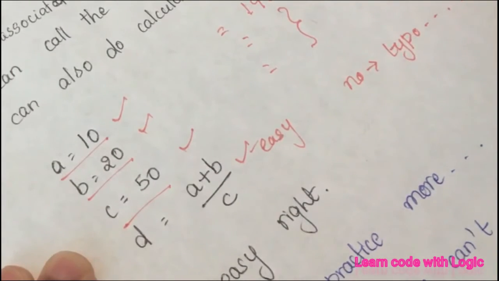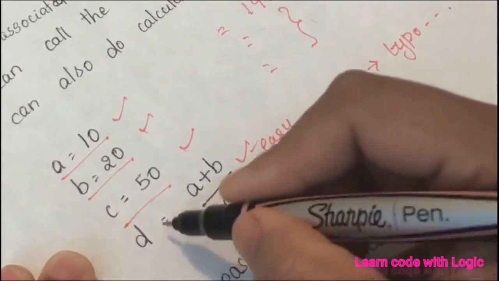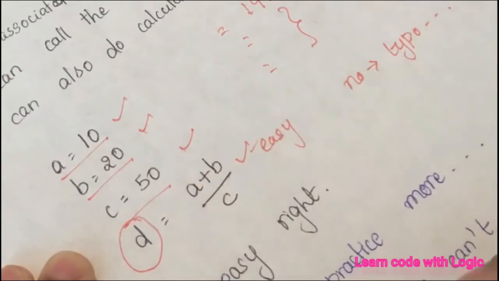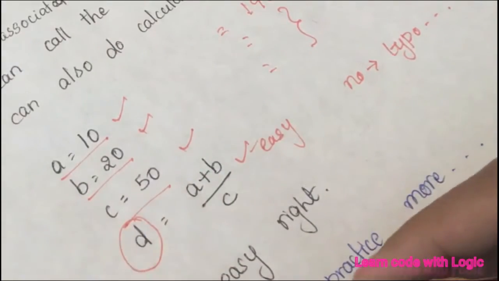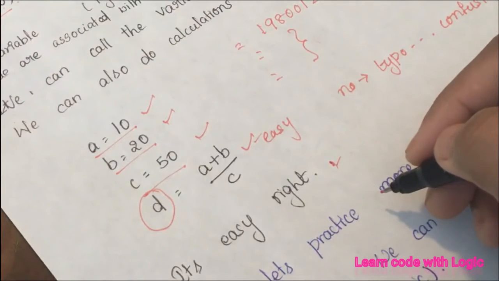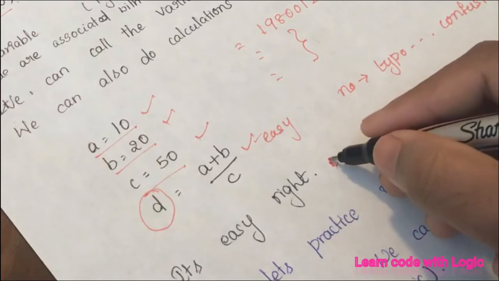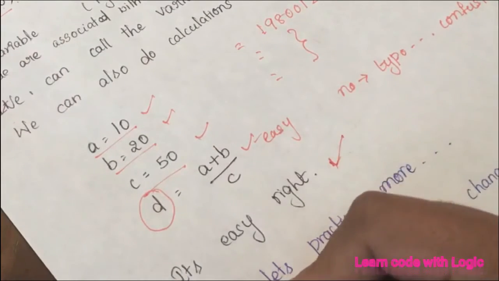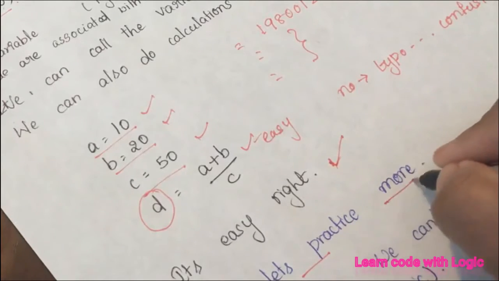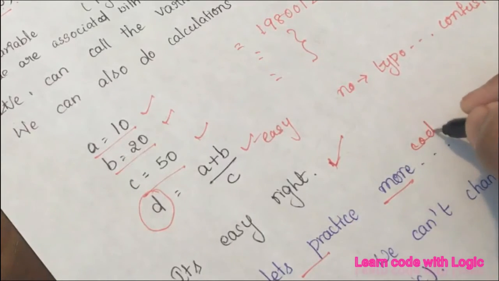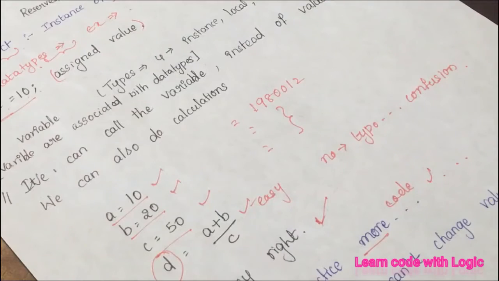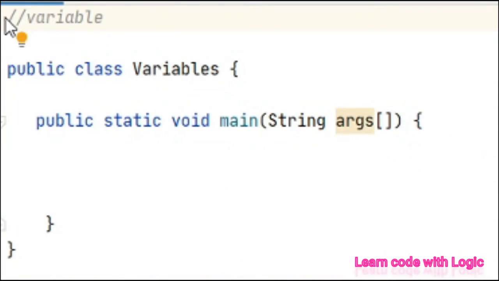So these variables make it easy for us to write the code. Do you understand now what a variable is? It's easy, right? So now let's practice more code. You need to practice more code and you have to understand the concepts. This is the main logic behind programming. Now let's practice some examples.